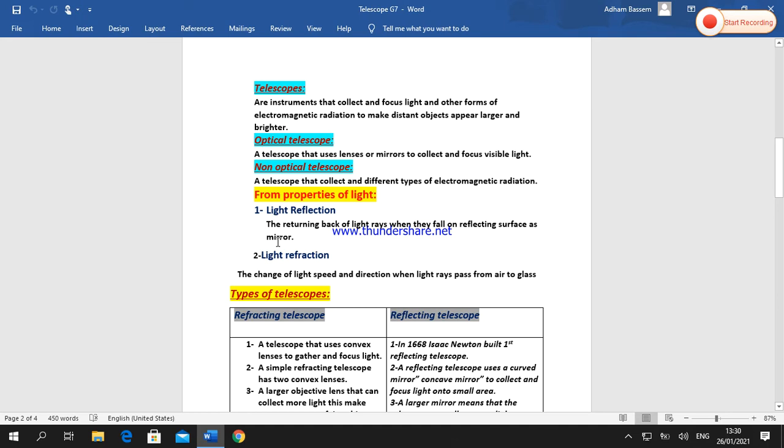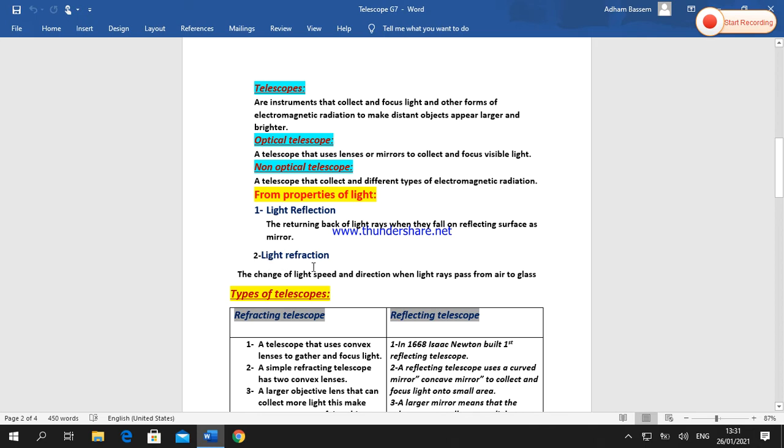Our eye vision depends on light reflection, okay? When light falls on an object and returns back to our eyes, it causes vision, okay?